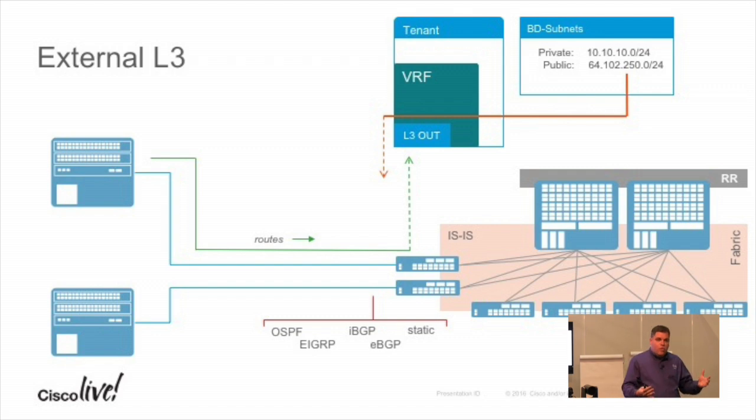And then as you progress, you can start bringing those subnets in. But I can't have the 10.10.10.1 subnet on the outside and also say I have 10.10.10.1 on the inside and advertise it. That wouldn't work in the regular world. It's not going to work in ACI, right?